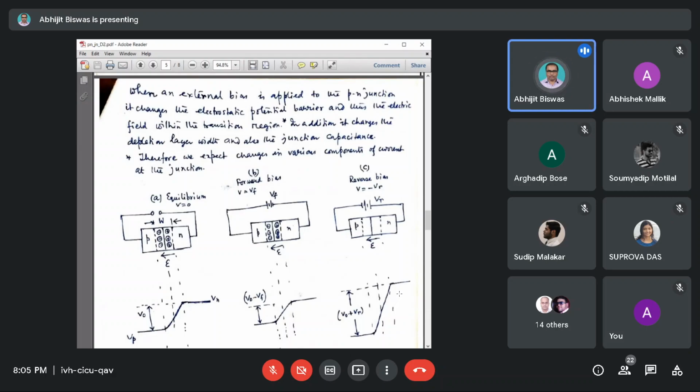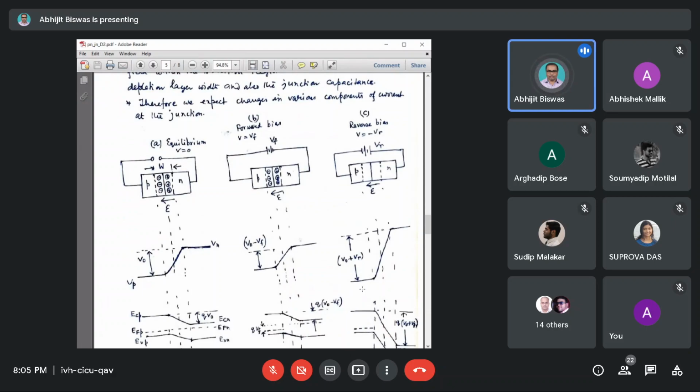So you must keep in mind such changes, and I will show how to draw the band diagram of a PN junction diode under three different bias conditions. First is the equilibrium condition. That means we have not yet applied any bias across the junction. Then we apply the forward bias condition.